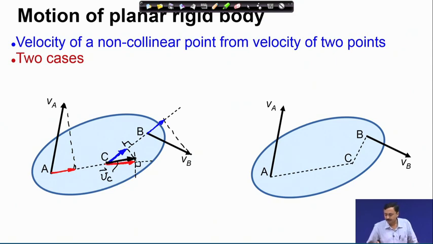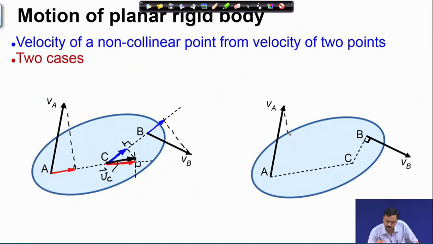Again I have chosen another point C such that the angle that BC makes with the velocity VB is 90 degrees, as you can see here. I want to find out the velocity of point C. So, I proceed as we have done.